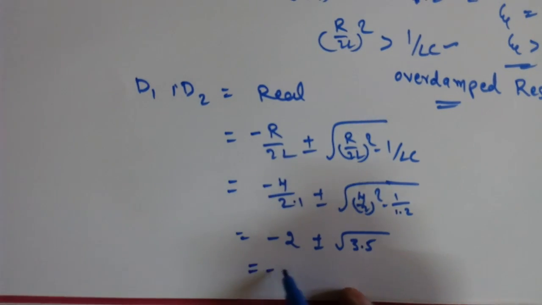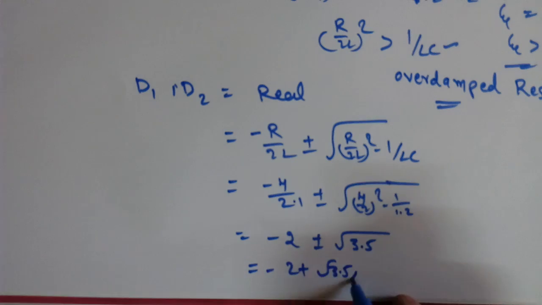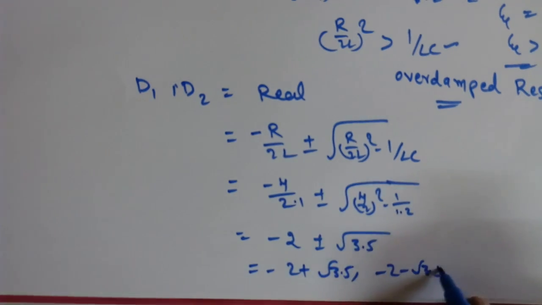So one root is minus 2 plus root 3.5, and the other is minus 2 minus root 3.5.